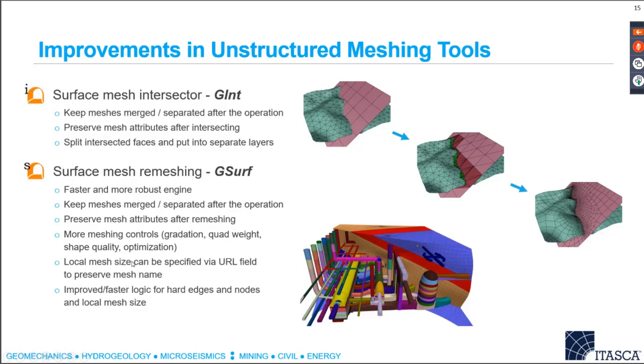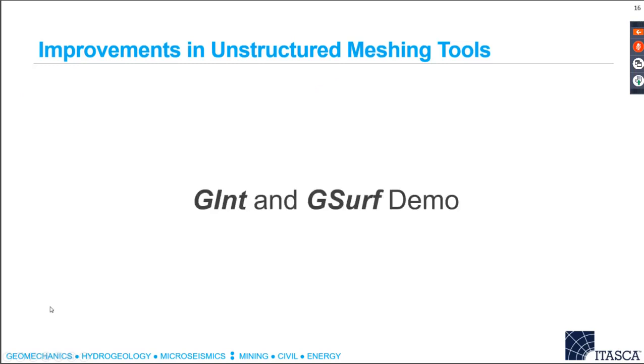We also allow to specify local mesh size in the URL field of the mesh. URL field initially, of course, is used for different purposes, but we utilize it to specify mesh size for simplicity. And this is done to preserve mesh names. And finally, there are improvements in the logic for hard edges and nodes and local mesh size.